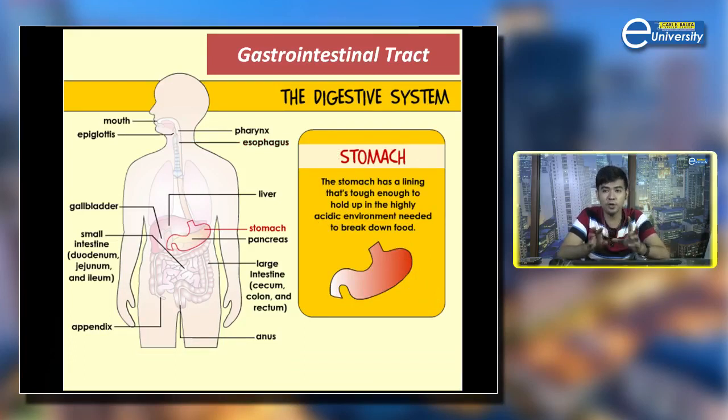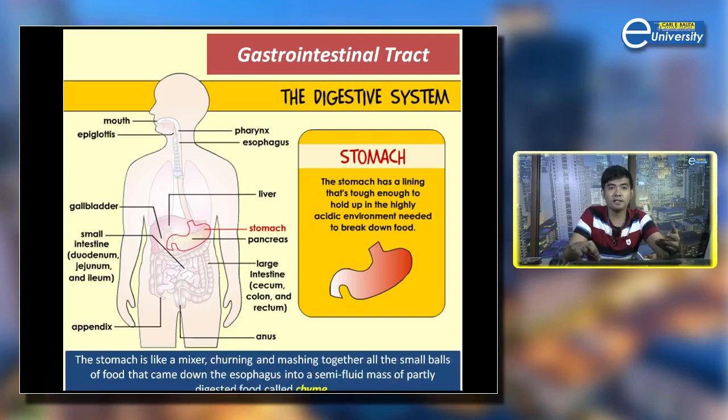Next is the stomach. The stomach is a kidney-shaped organ. It has a lining that's tough enough to hold up the highly acidic environment needed to break down the food. The process in which food is broken down into smaller particles occurs in the stomach.